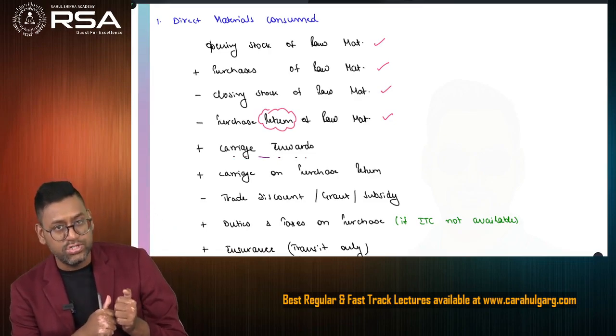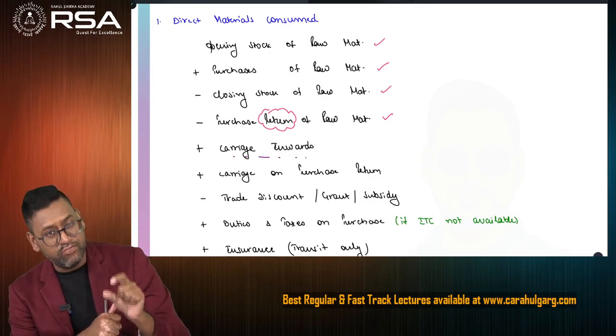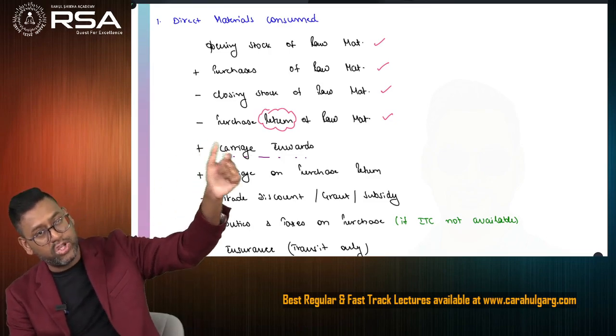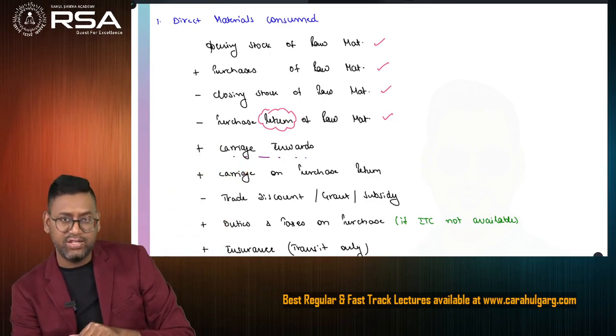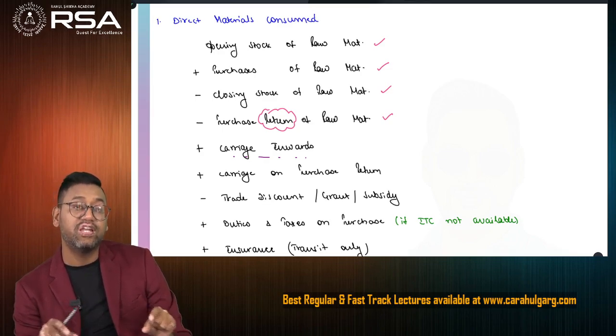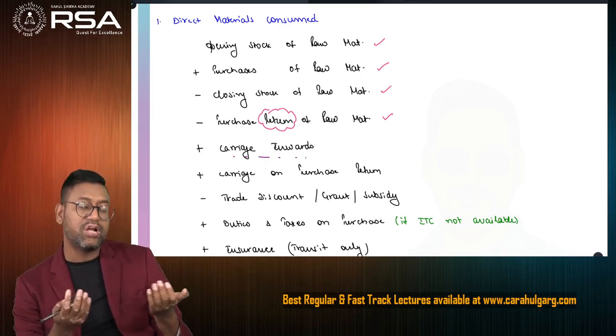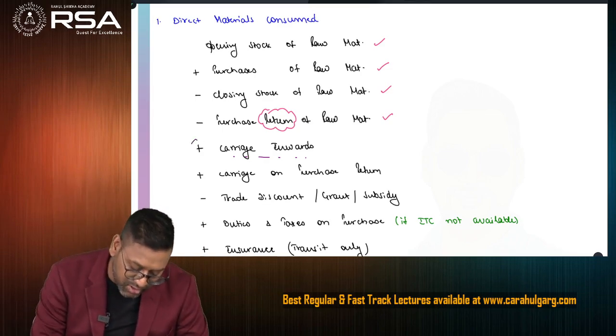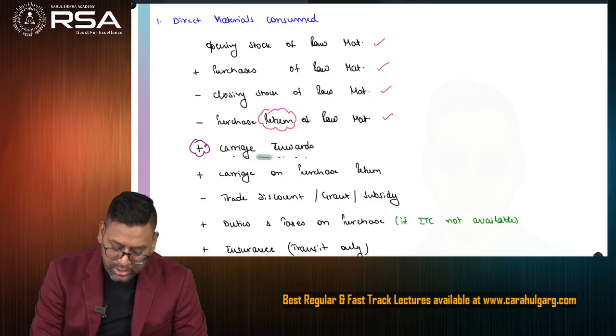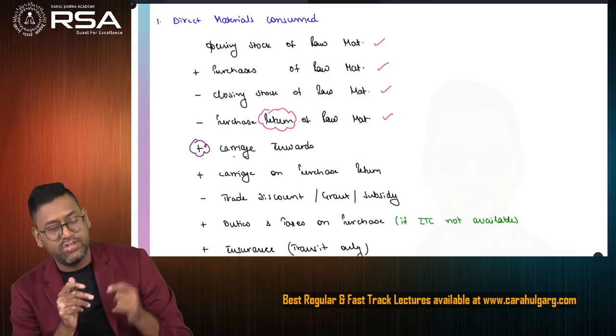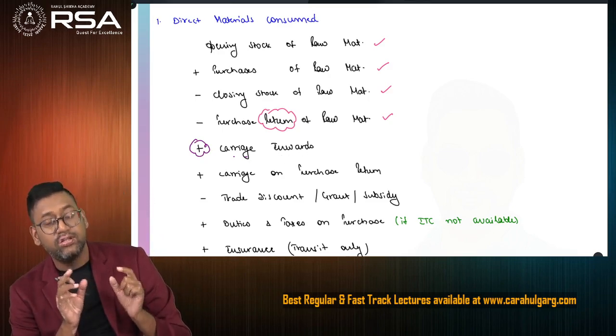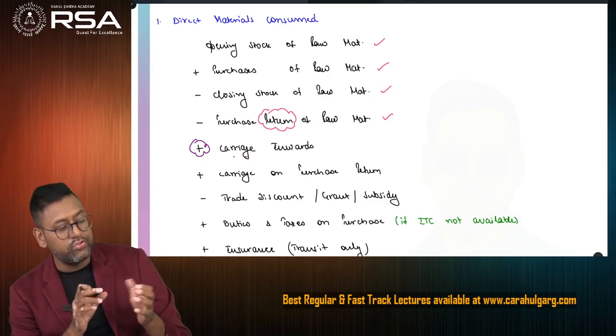When you purchase the goods, then the expenditure which you have incurred to bring the goods from the location of purchase till your factory, that is called carriage inward, freight inward. Inward means that the goods are coming to my premises. So that expenditure is definitely added. Then I have written carriage on purchase return, means when the goods were being returned out of those which you purchased.